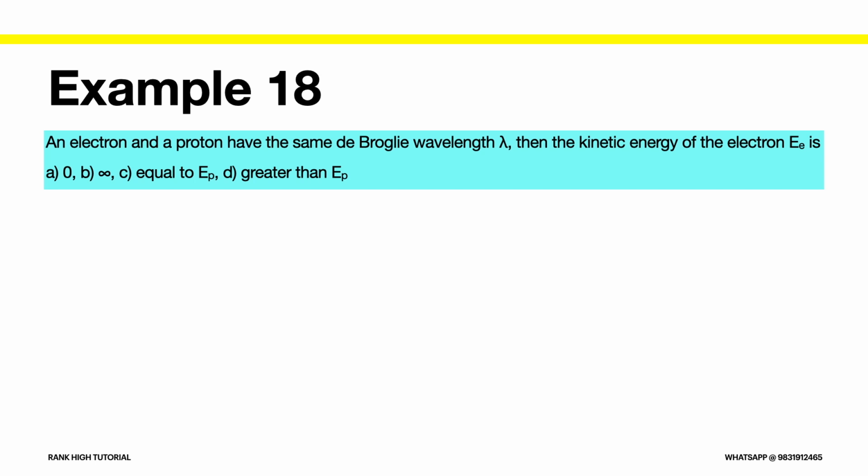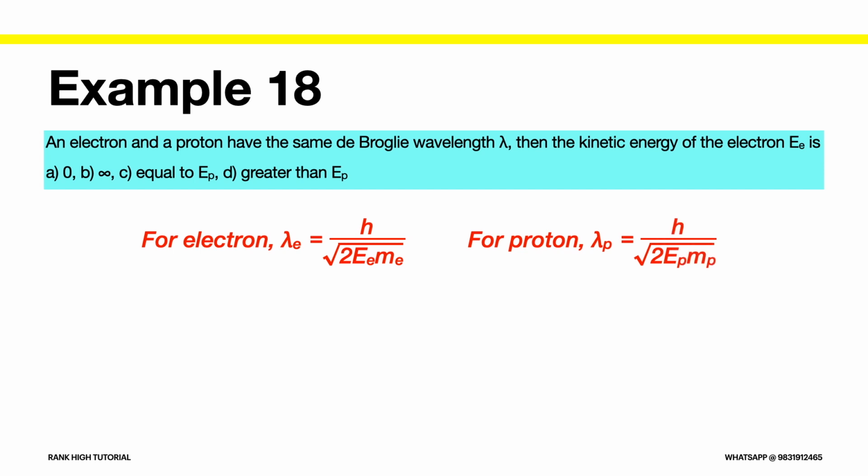Example number 18. Find the kinetic energy of the electron when an electron and a proton have the same de Broglie wavelength lambda. We can write lambda e equals h divided by square root of 2 into energy of electron multiplied by mass of electron. Similarly, for proton, lambda p equals h divided by square root of 2 multiplied by energy of proton multiplied by mass of proton. As lambda e equals lambda p, therefore energy of electron multiplied by mass of electron equals energy of proton into mass of proton.